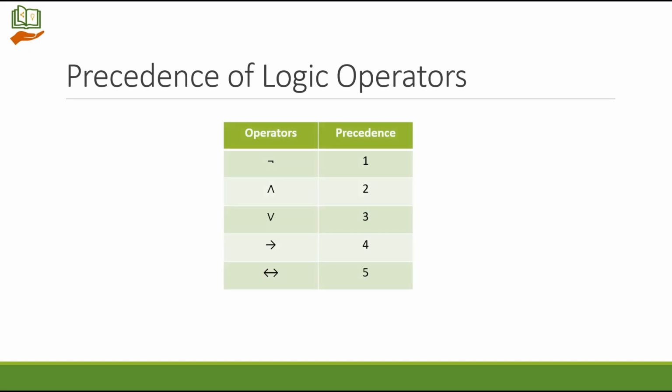The precedence order is given here. The top level will be the highest precedence and the bottom will be the lowest precedence. So when you find something like negation P or Q, what you have to do is first you have to negate P because it is carrying the highest precedence. After that you have to go for disjunction. So when conjunction and disjunction are there, give preference to conjunction. When you have disjunction and bi-implication, give preference to disjunction.